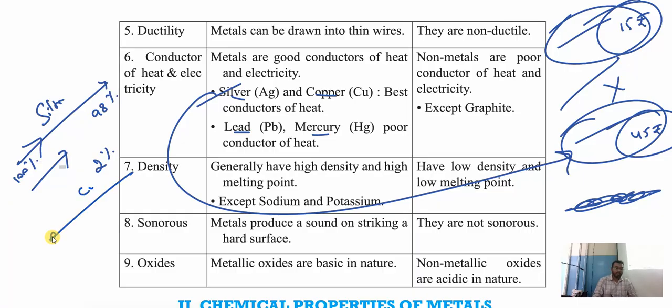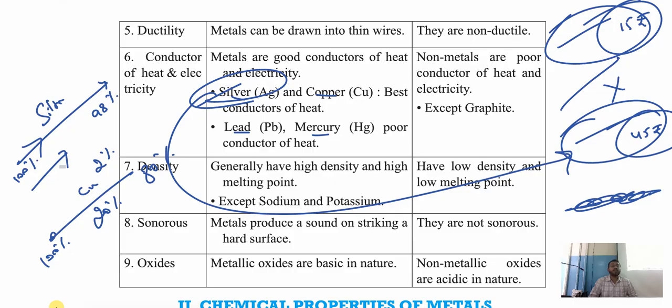Similarly, if you are using copper wire and sending 100% of current, assume you will reach 80% of current and 20% will be lost. This is an example to show you the difference. If you are using a high quality wire, it means you are using the best conductors, understood, metals.